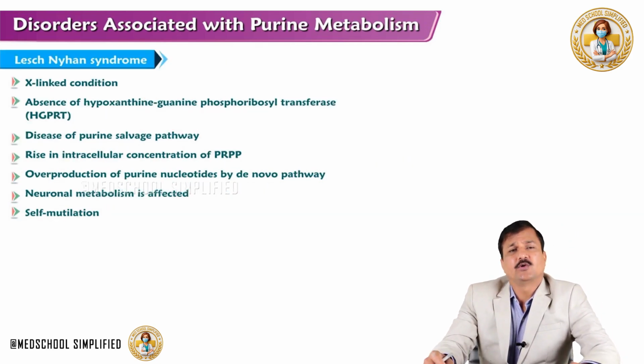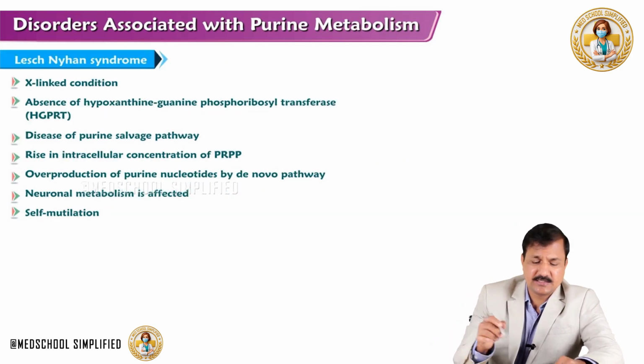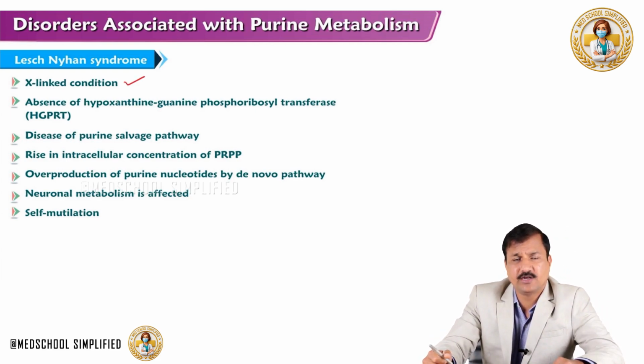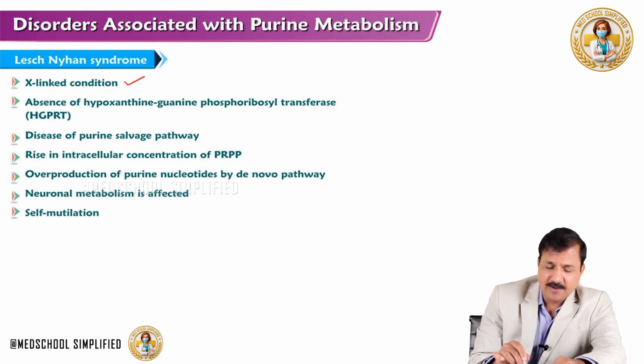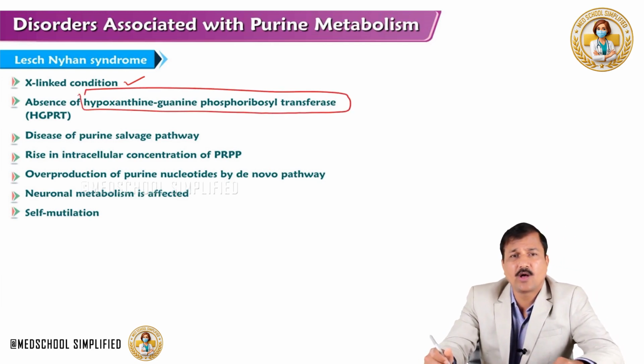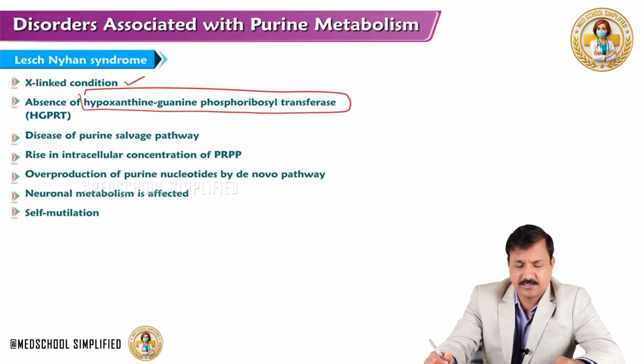Now let's get into Lesch-Nyhan syndrome. Lesch-Nyhan syndrome is an X-linked recessive condition. That means males are the ones affected, and females act as carriers of this disease. It is because of absence of the HGPRTase enzyme, hypoxanthine guanine phosphoribosyl transferase, a purine salvage enzyme.